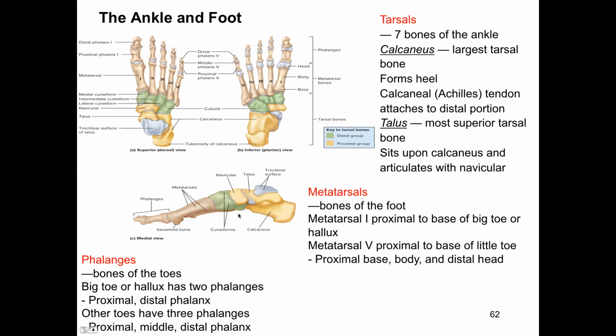Now, the other three bones: you've got three cuneiform bones, so medial, middle, and lateral. And then you've got the cuboid bone, which is going to be on the outer part of your foot.